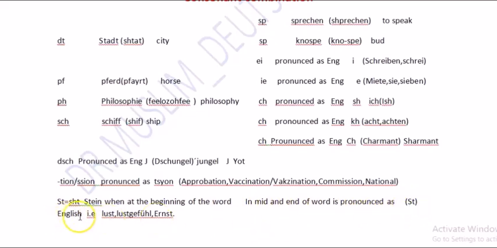For example, we say here Lust, Lustgefühl, ernst. Lust means to have a desire for something, to wish for something and like something. Lustgefühl, the feeling of having something, and ernst means serious.